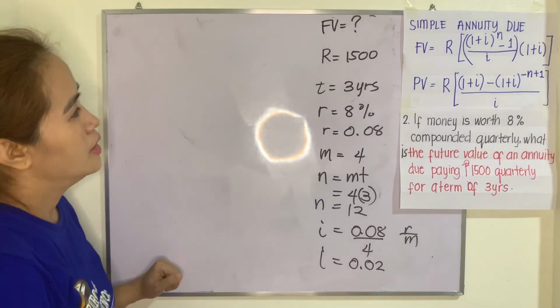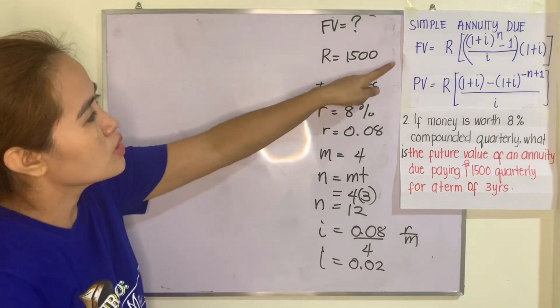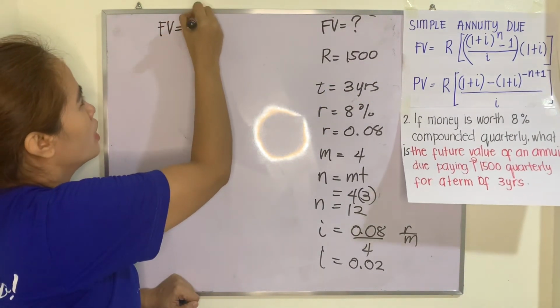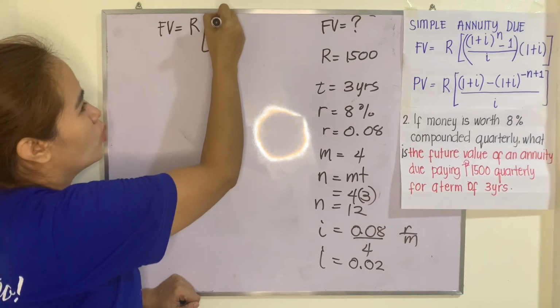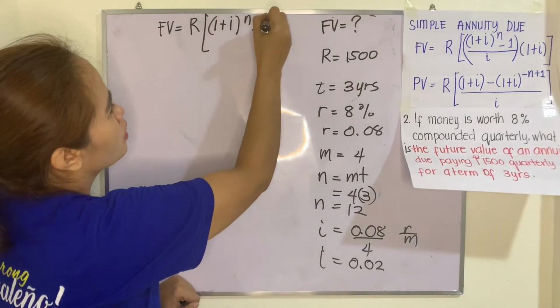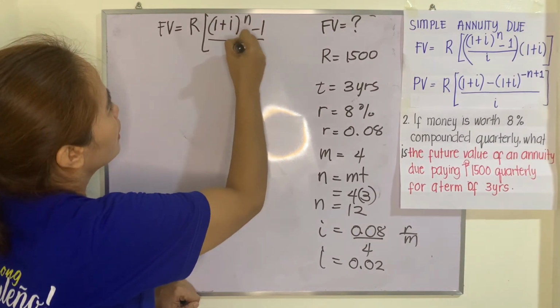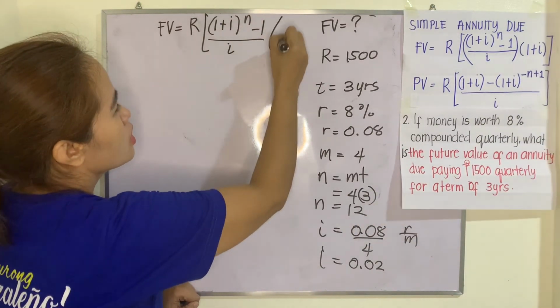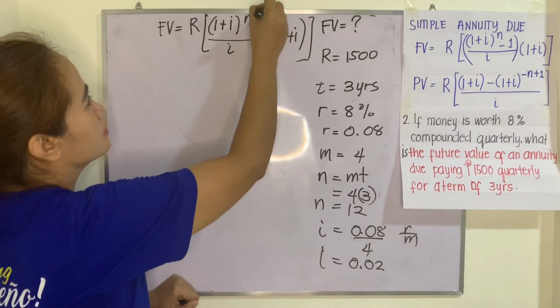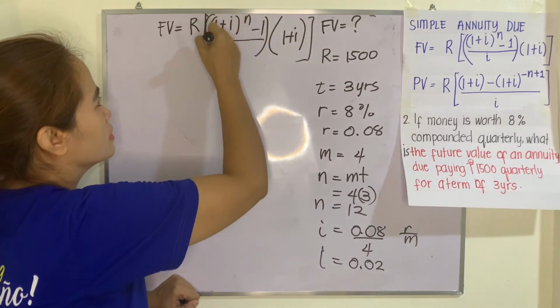Okay. So, since it is the future value, we will be using the first formula. FV is equal to R, quantity, 1 plus I raised to n minus 1 divided by I, times 1 plus I. Okay.